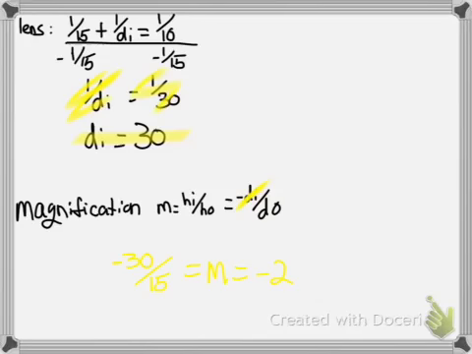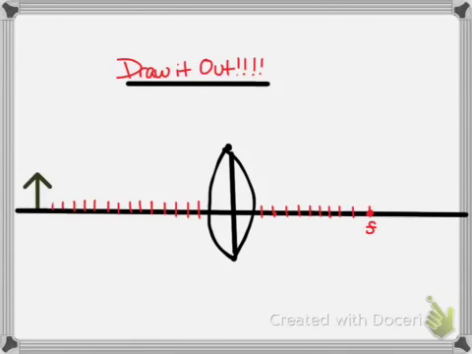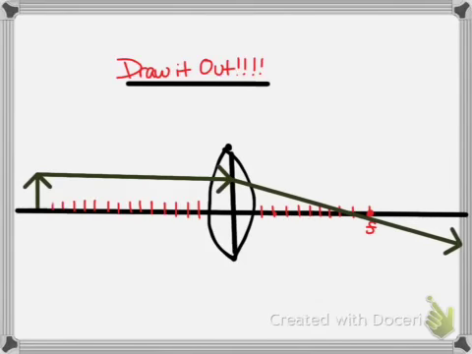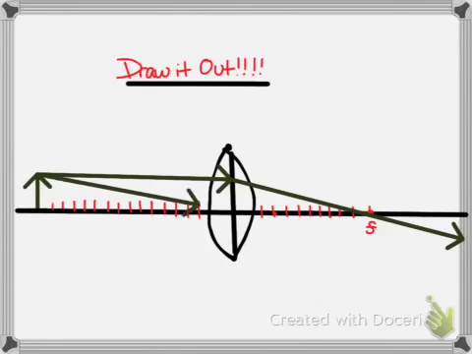So now I can continue on my ray diagram. The rules say a ray goes parallel to your principal axis towards your lens. That lens converges it to go through your focal point. The second ray goes through your principal axis. If this screen was bigger, we would be able to see the image.